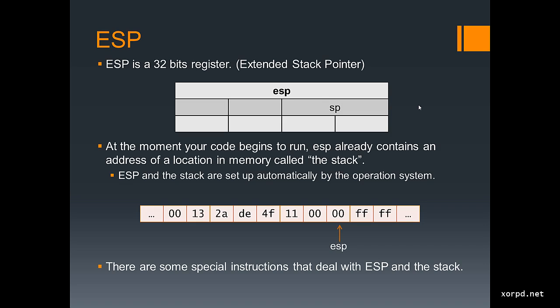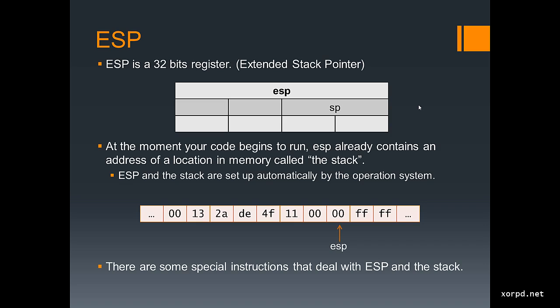At the moment your code begins to run, and I talk about the programs that you write, ESP already contains an address of a location in memory called the stack. Both ESP and the stack are set up automatically by the operating system, which means that you don't have to do anything special.